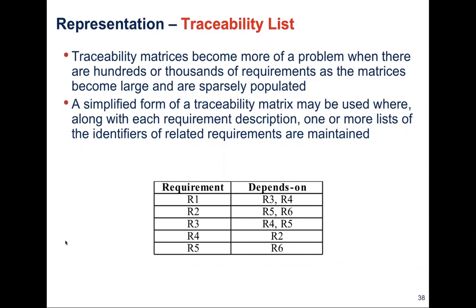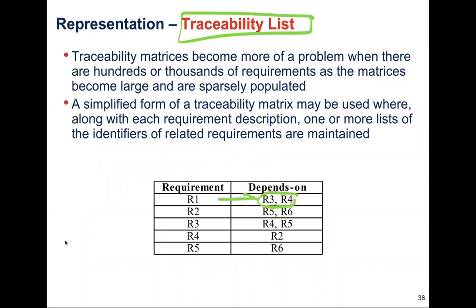So they came up with a simplified form of the traceability matrix. This form is called the traceability list, which contains a description for each requirement. One or more lists of the identifiers of related requirements are maintained. So you can see here, I can easily just store which requirements requirement 1 depends on.